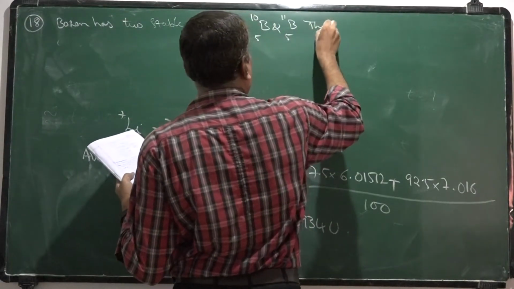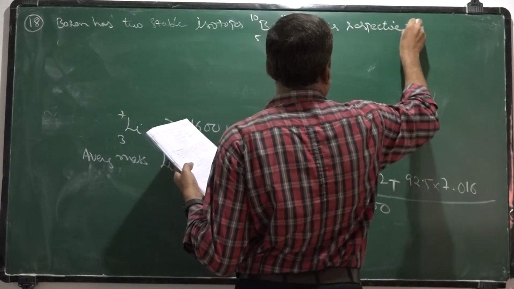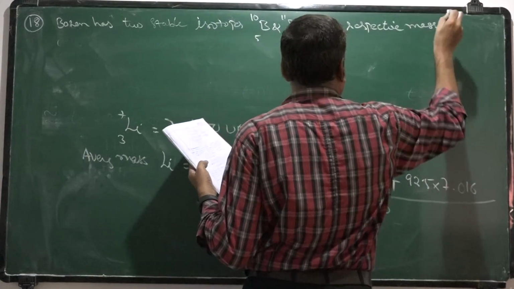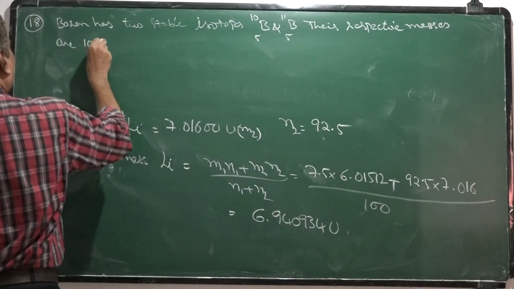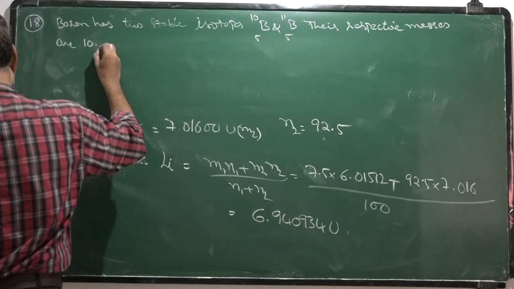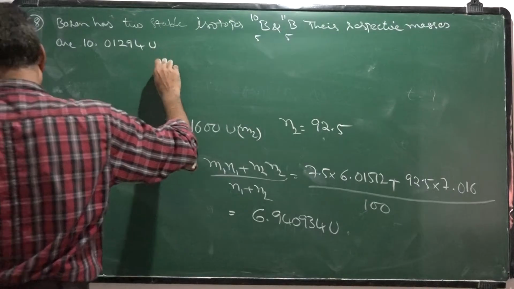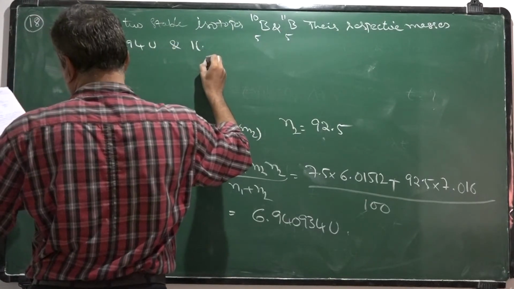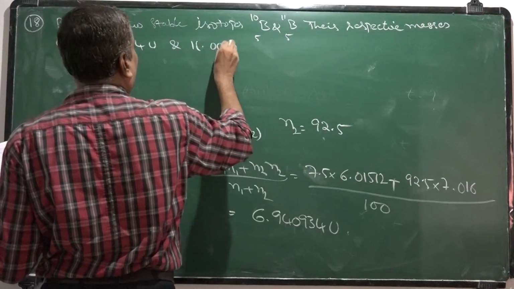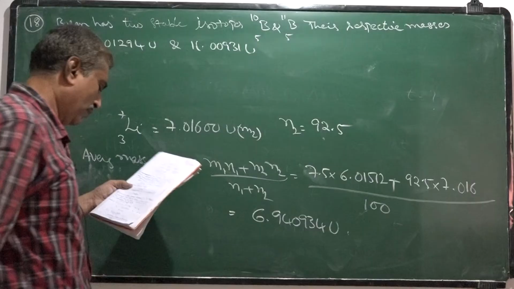Their respective masses are 10.01294 units and 11.00931 units. This one is for this one and this one is for this.